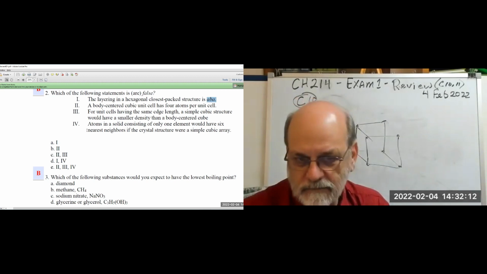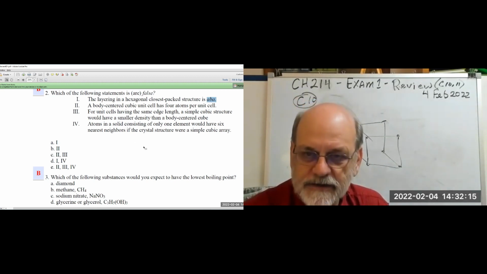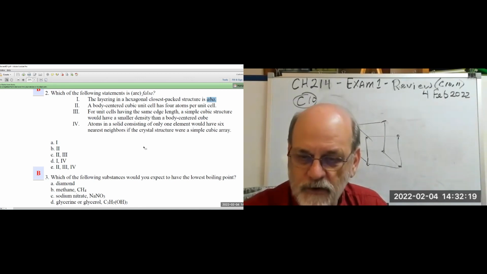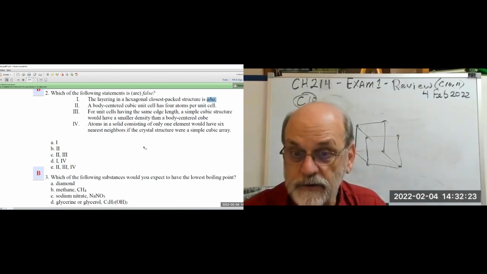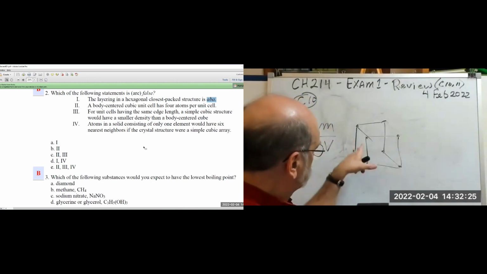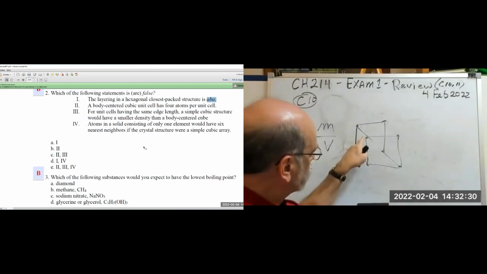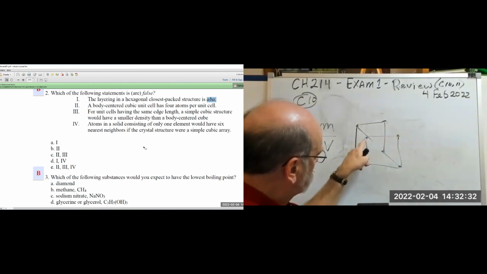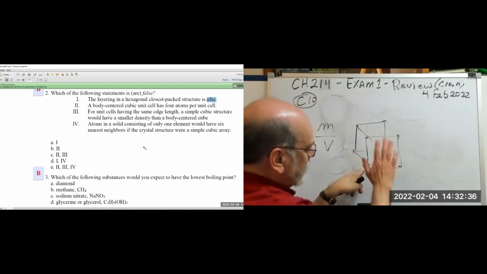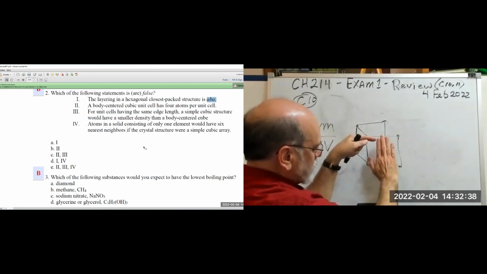And we could look at 4. Atoms in a solid consisting of only one element would have 6 nearest neighbors if the crystal structure were a simple cubic array. Well, yeah, that's true. Simple cubic. So here, how many neighbors do you have? Well, you've got one here. You got one here. You got one here. Then you've got one over here with a neighbor there.